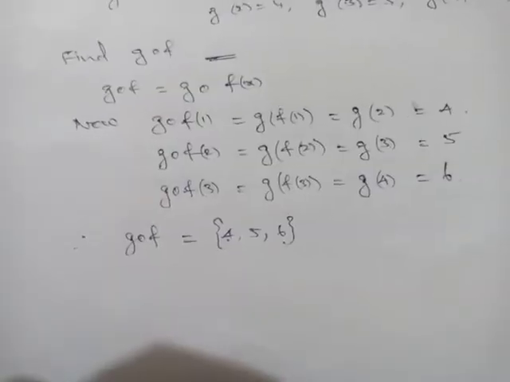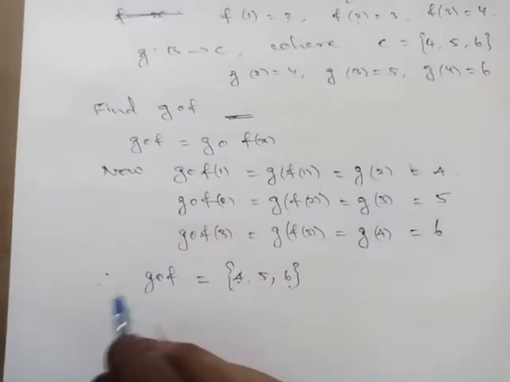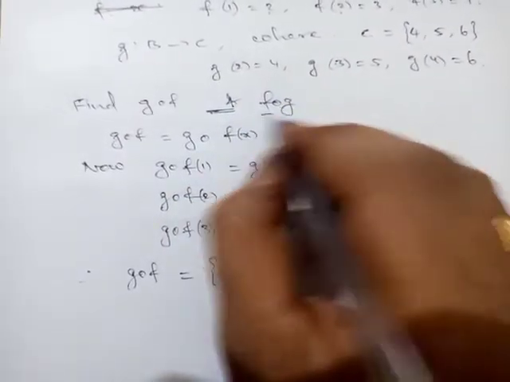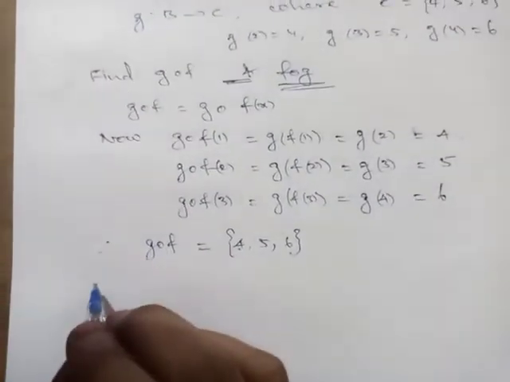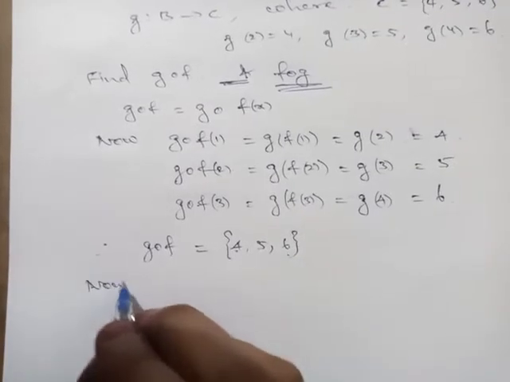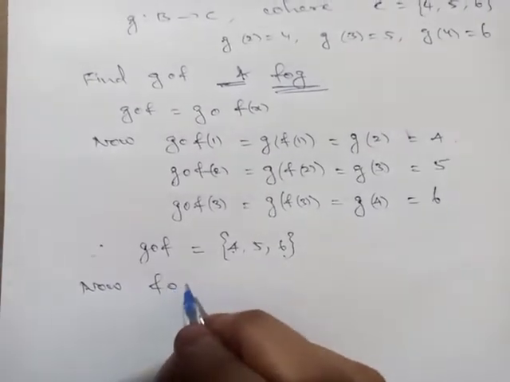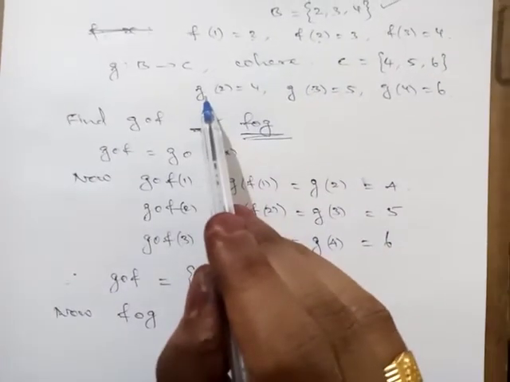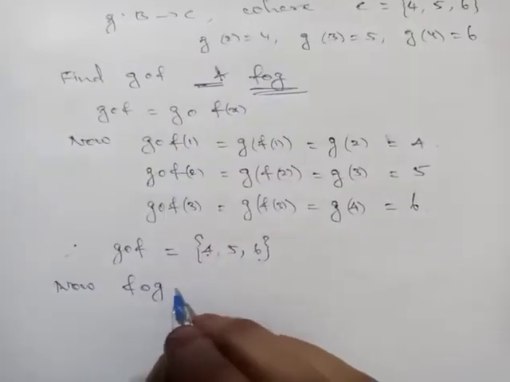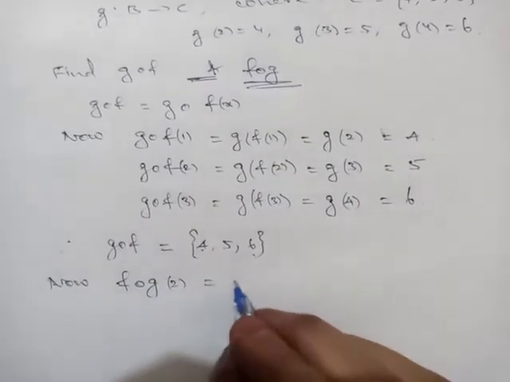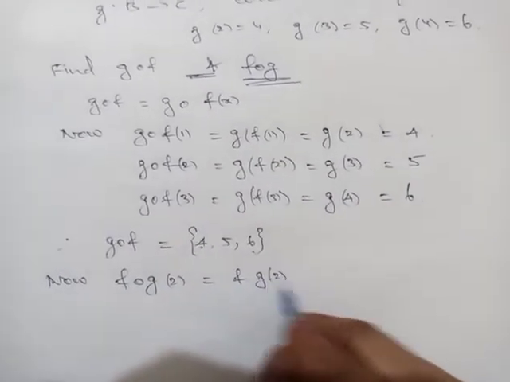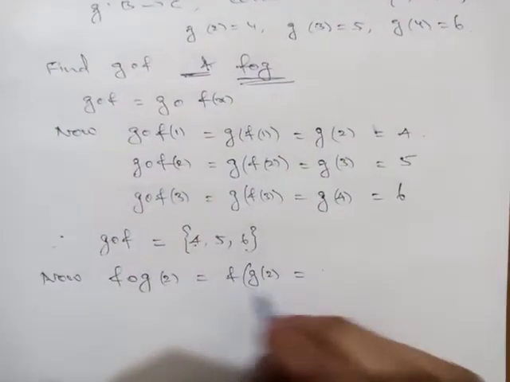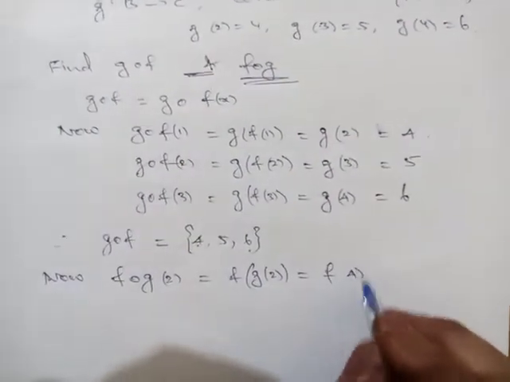In the same problem, suppose they ask for f over g, how do we find f over g? See that now, f over g of the first value of g, which is 2, is f of g of 2. g of 2 means 4, so f of 4.